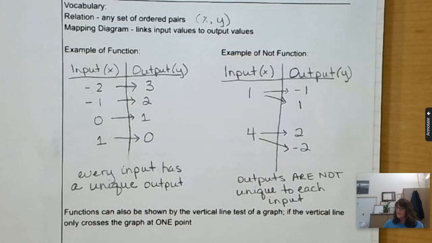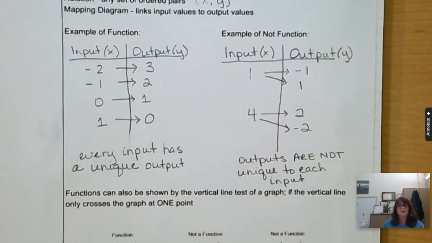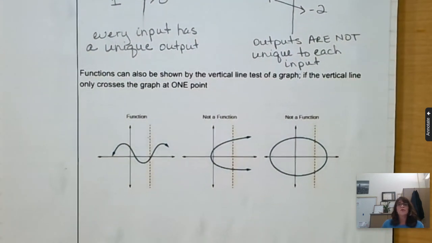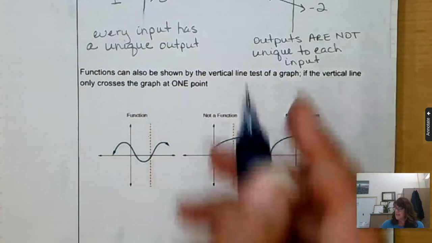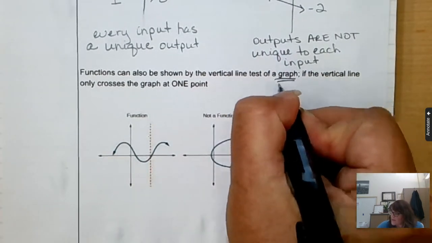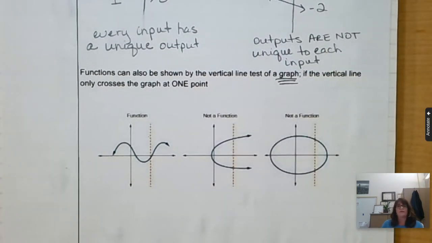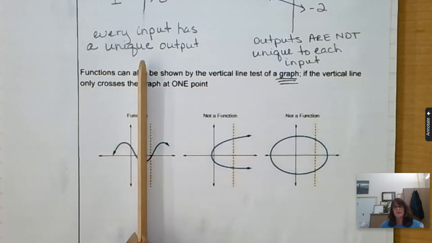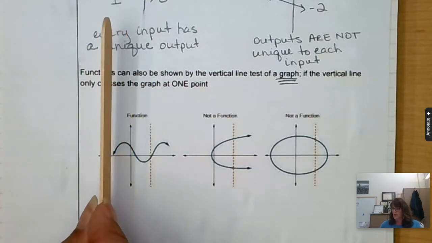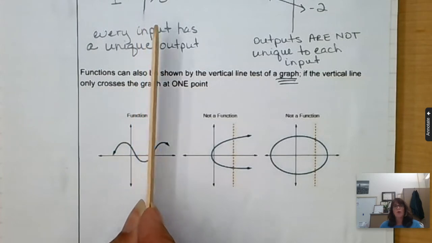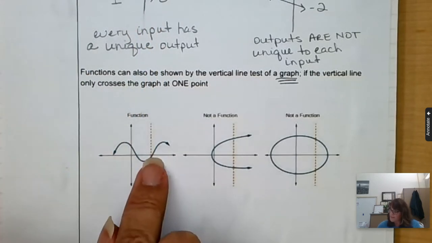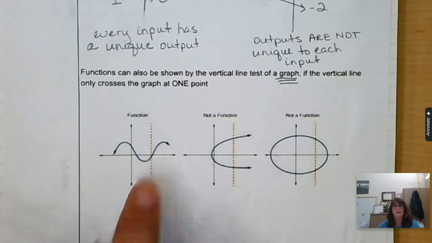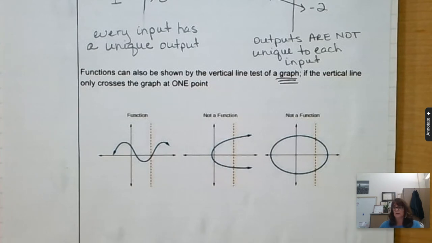Now, the other way we can see if something is a function is called the vertical line test. If we have a graph, this only works if we have a graph. The vertical line, and in this printout it's shown as a dotted line, if a vertical line that I draw at any point only touches one spot on the graph at a time, it is a function.